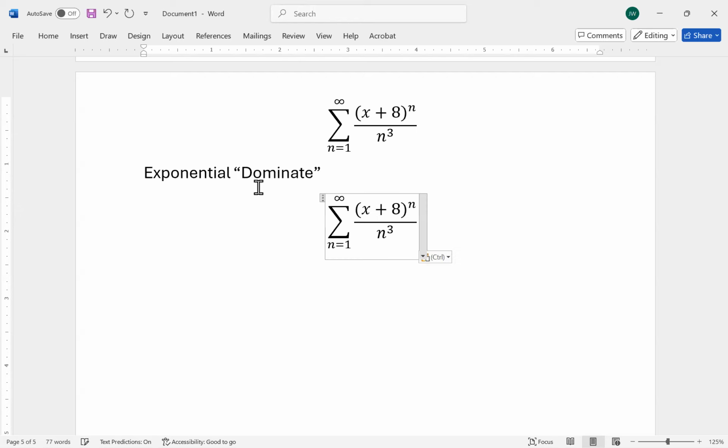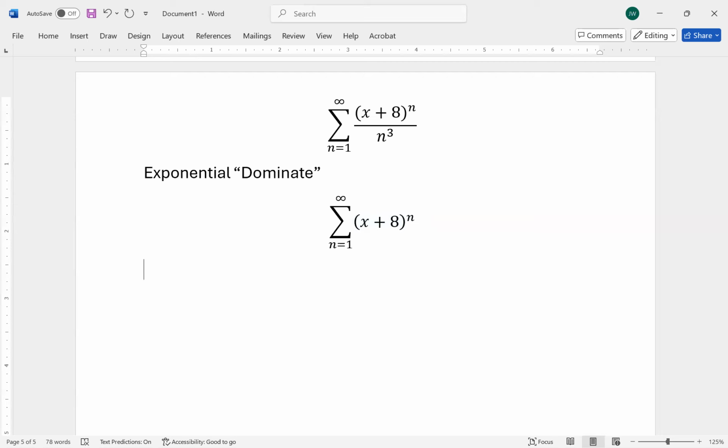That means this summation is not the exact same, but it's going to converge on the same radius as x plus 8 raised to the nth power. Whoops. X plus 8 quantity raised to the nth power. It's going to converge on that same radius.